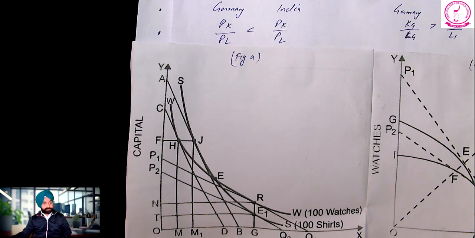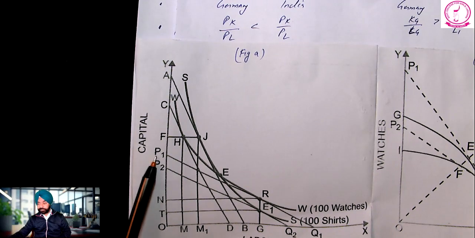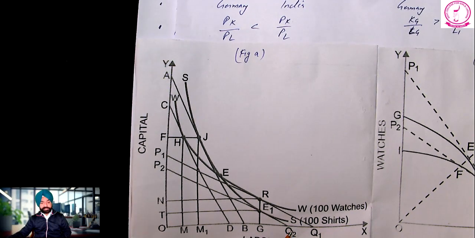Similarly, if we discuss cost lines in India, you can see P1 and Q1. This is a cost line in India. P2 and Q2 is also a price line or cost line in India. So OP1 over OQ1 is equal to OP2 over OQ2. So their ratio will also be the same. So these are isocost lines.